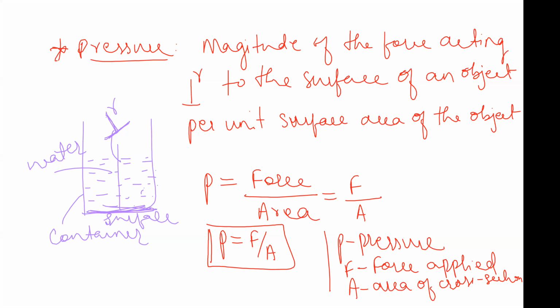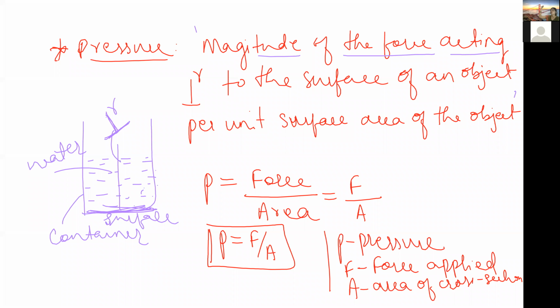Therefore, pressure is defined as the magnitude of the force acting perpendicular to the surface of an object. Inside the container, water exerts a force perpendicular to the surface of the area.